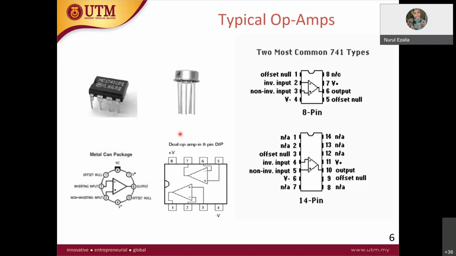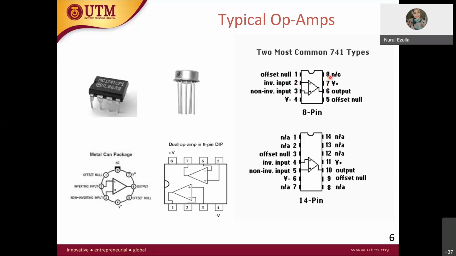This is the typical op-amp, and this is how it looks. An op-amp looks like an IC. We have several types of op-amp. For this case, the type is MC1741 CP1. This op-amp has 8 legs or 8 terminals: 1, 2, 3, 4, 5, 6, 7, 8.